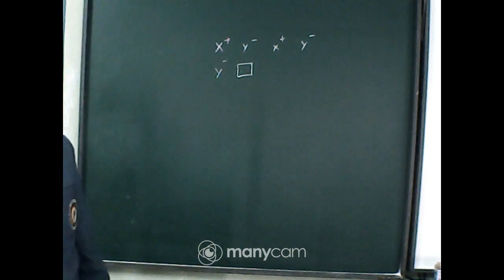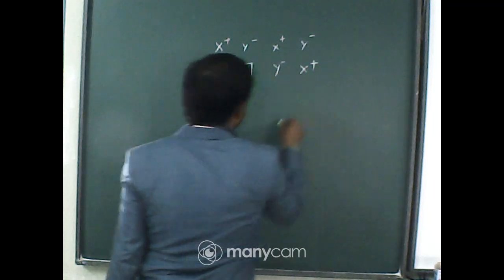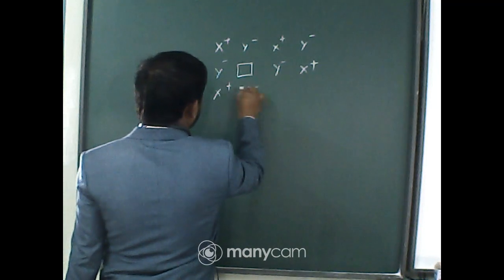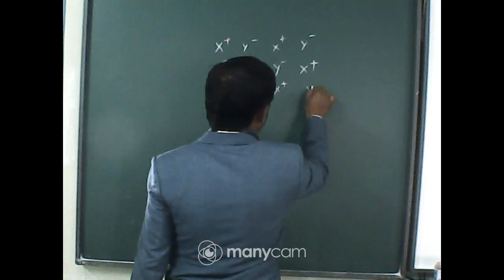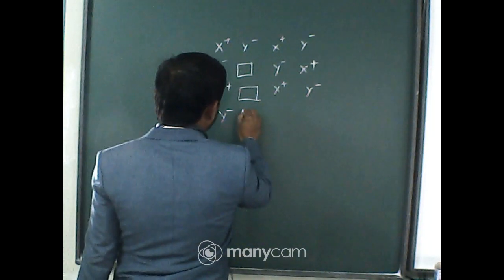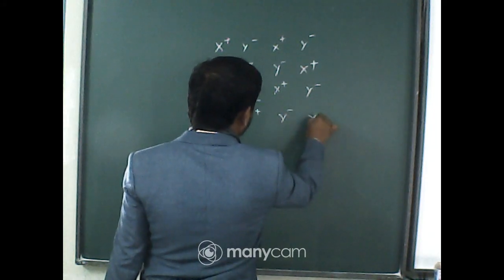Then it is y minus, x plus. Then in the third line, x plus, blank, x plus, y minus, and in the last line y minus, x plus, y minus, x plus.